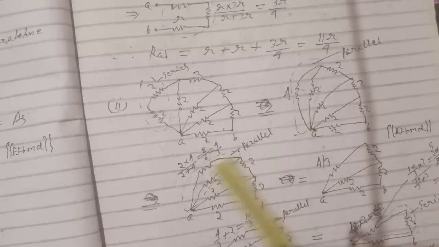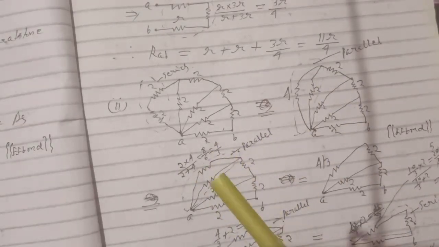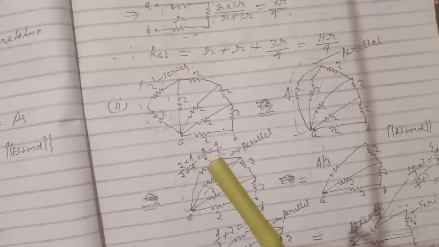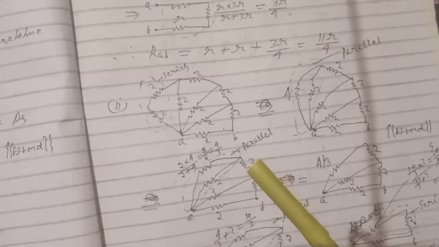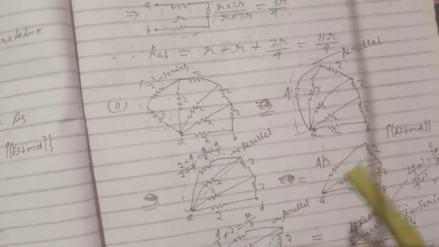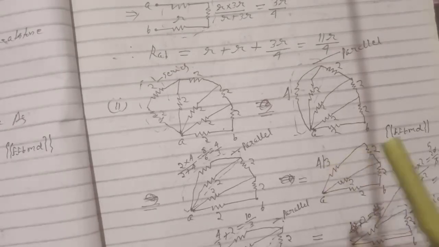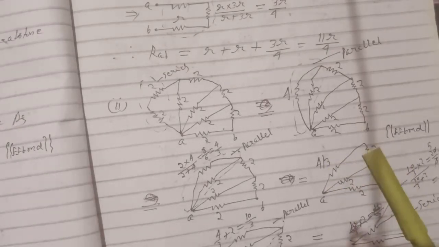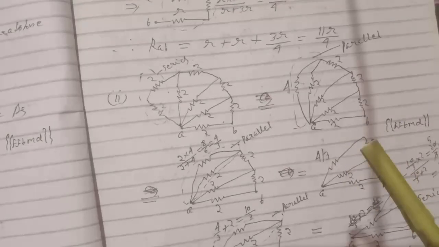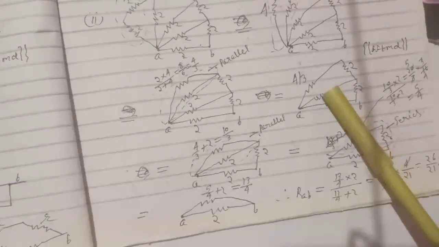The parallel part is calculated, and this parallel will be replaced by one single resistance which will be in series with this. Here it is shown. 4 by 3 is in series with 2. Again this is in series, so this can be added and replaced by a single resistor which will be parallel to this.